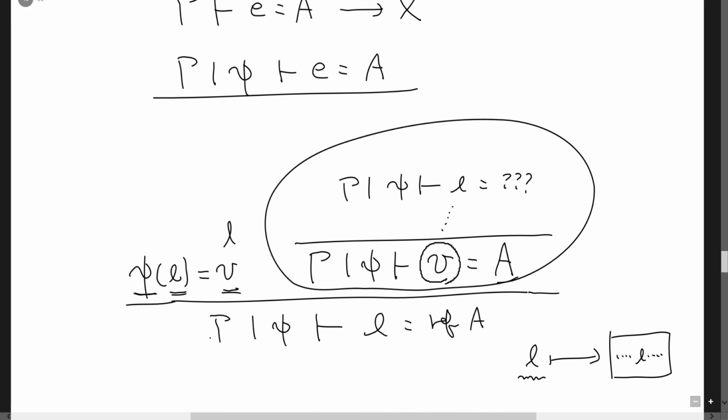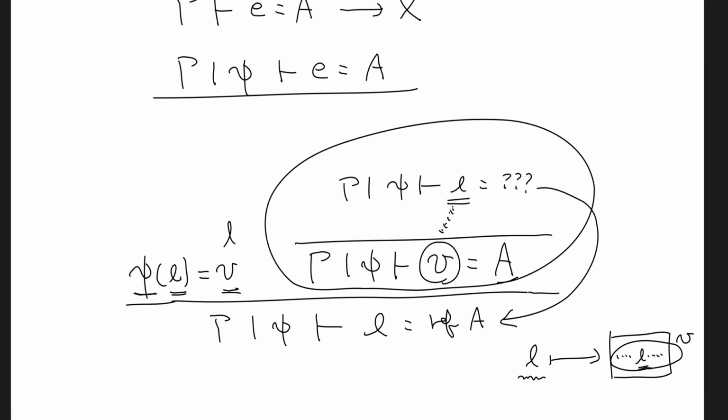Because this value V contains location L, at some point you will encounter the same location L, so now you go back to the original problem. So this is the reason why this plan doesn't work.